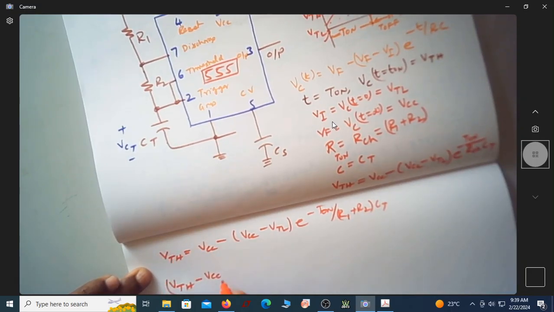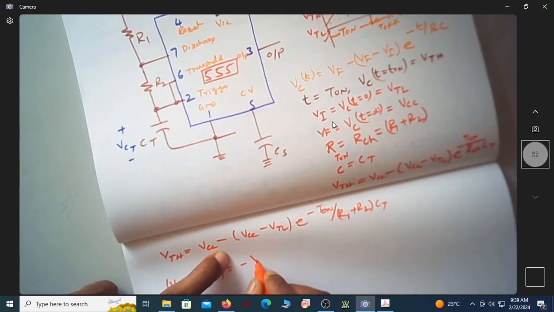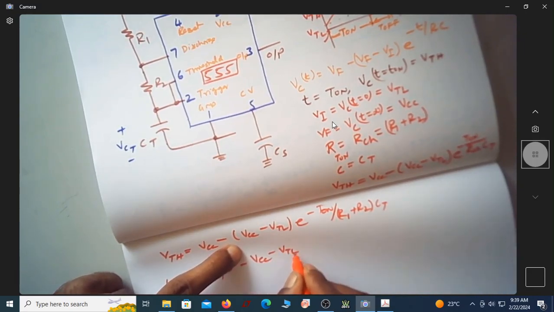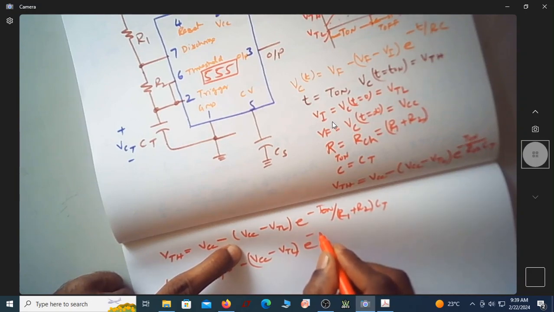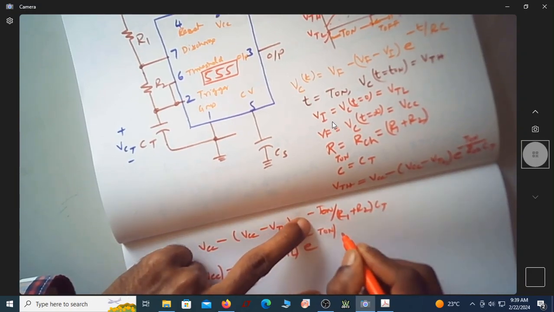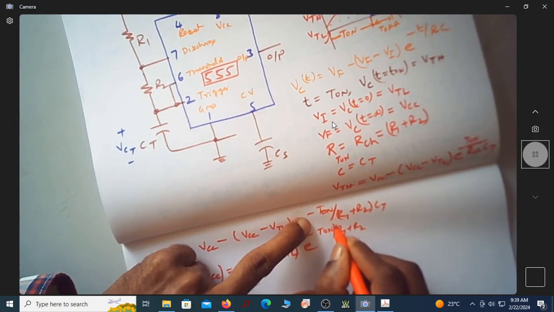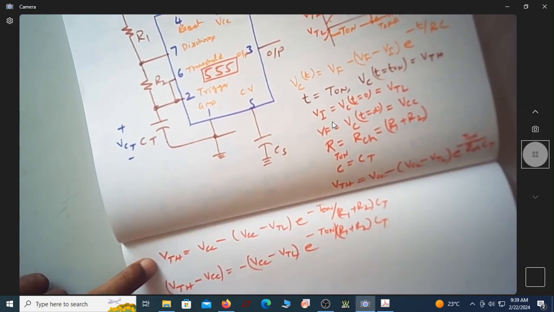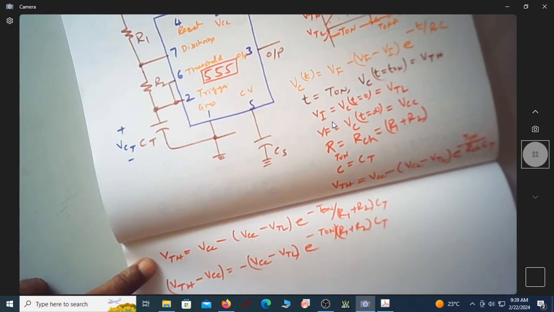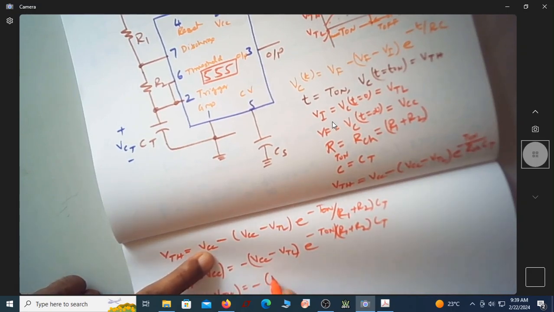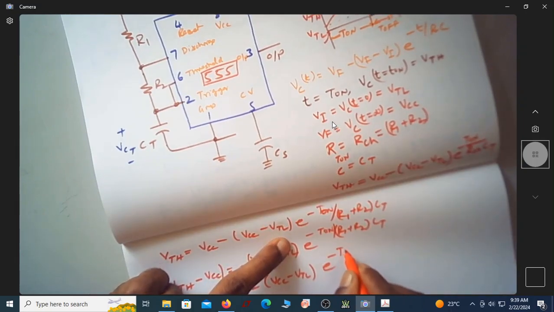This VCC comes onto this side. So minus VCC minus VTH is equal to minus of VCC minus VTL e power minus T on by R1 plus R2 into CT.